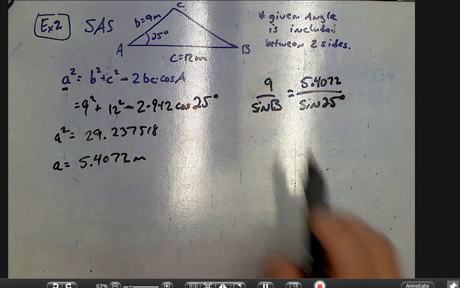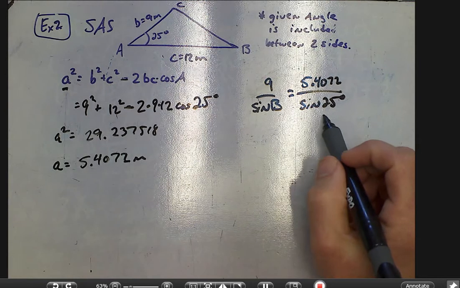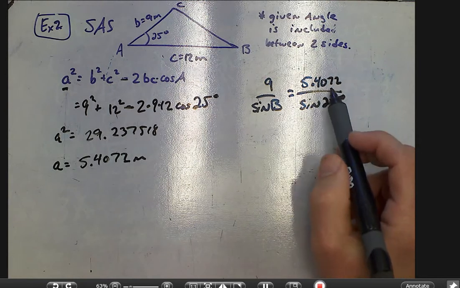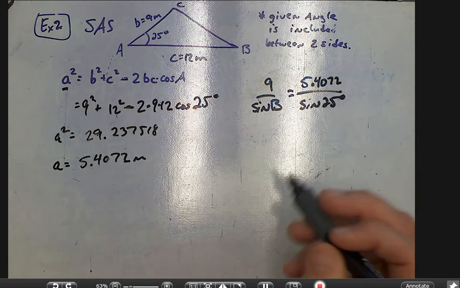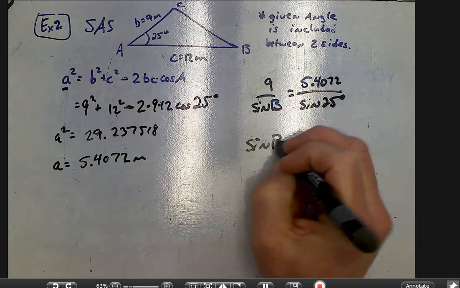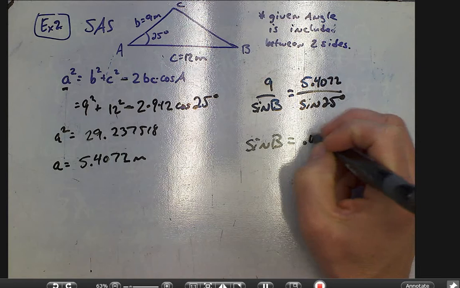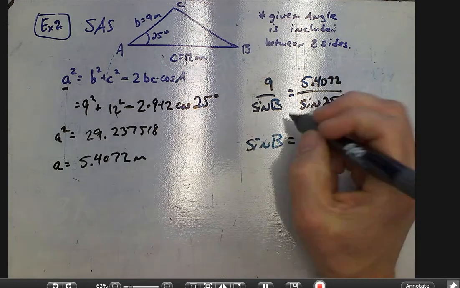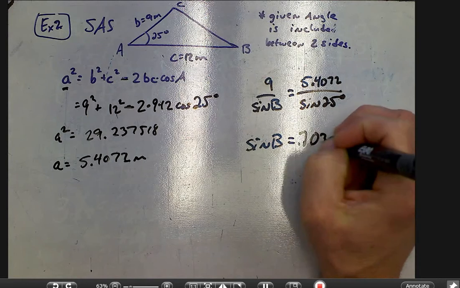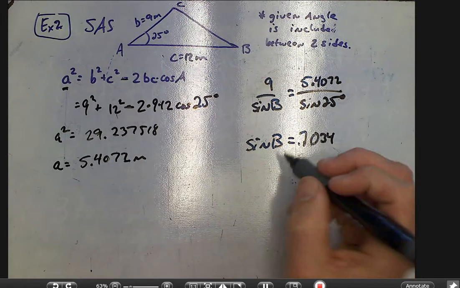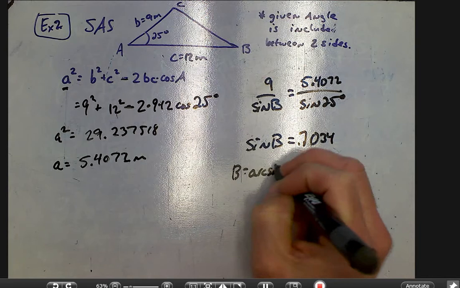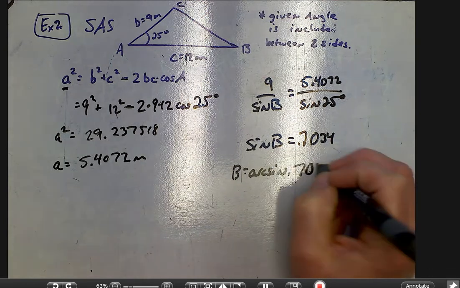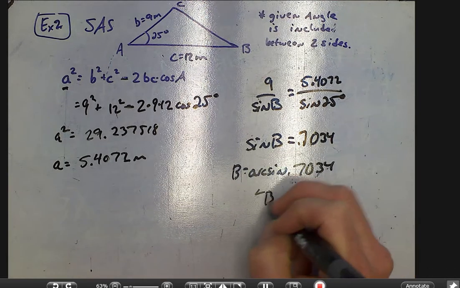Do 9 times sine of 25 degrees, enter, divided by 5.4072, and you find out that the sine of B is equal to 0.7034. Therefore, B is the arc sine of 0.7034.